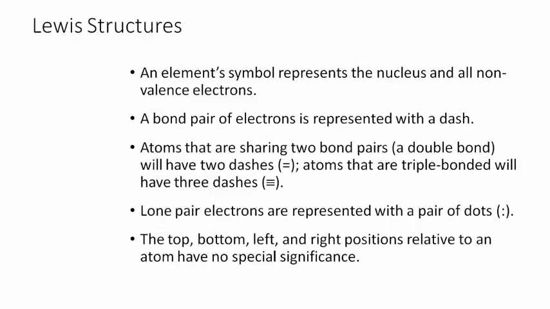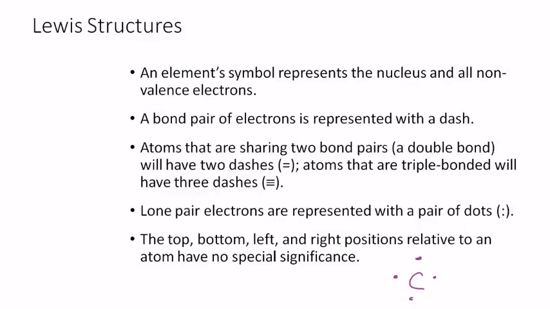So Lewis structures, some of this I actually already said. One of the things I didn't say a minute ago was, I don't know if you noticed, but if this is carbon, we had a north, a south, an east, and a west location. Those are just, I'll say bogus, there really is no special significance.